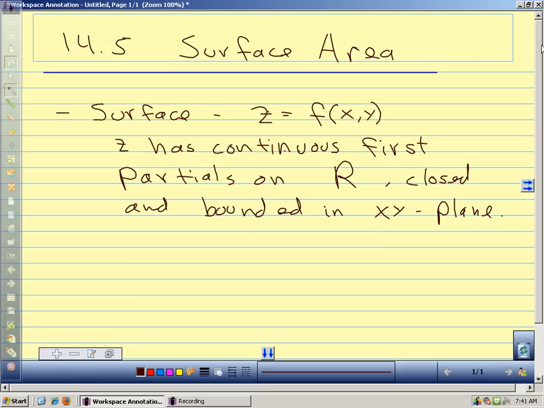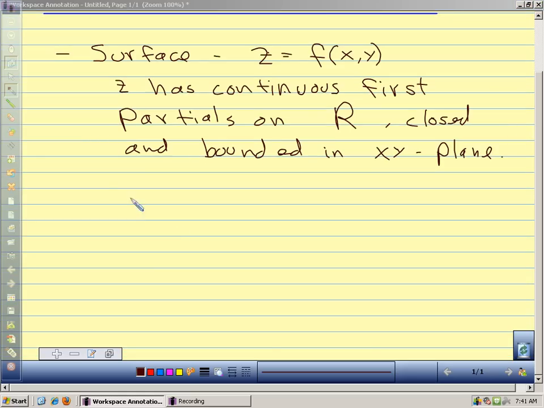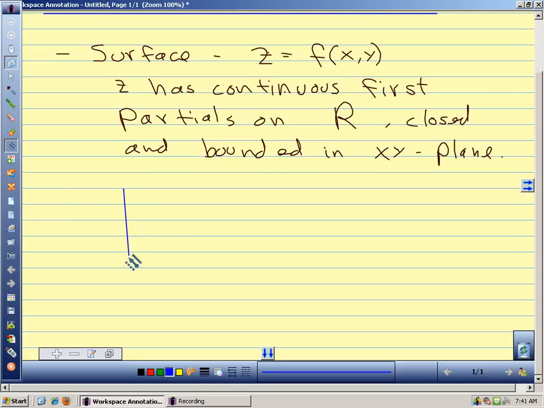All right, so let's draw a picture of what we're looking at so we can develop our technique for coming up with the surface area of this surface. So here are our axes. And we have some surface up here.